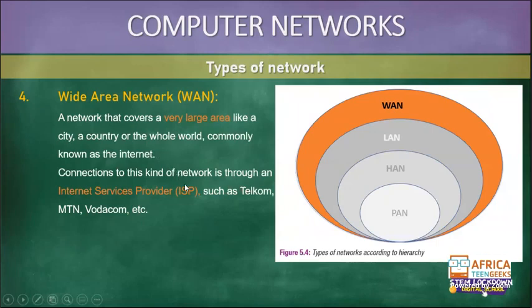But for you to connect, you do it through what we call an internet service provider, ISP. Examples of these are Telecom, MTN, Vodacom. These ones give you permission to get linked to the whole wide world.